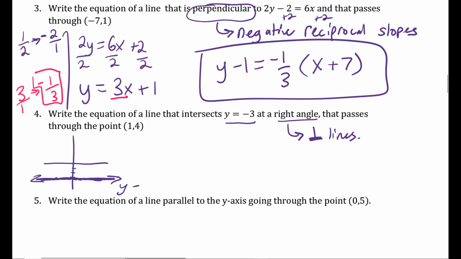So that's what y equals -3 looks like. And I want it to go through the point 1, 4. So somewhere up here, that's the point I want it to go through. So if it intersects at a right angle, it's going to go straight up like that. And I know this is a vertical line.